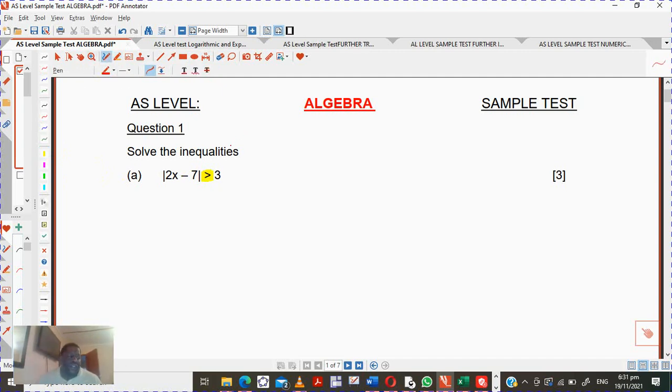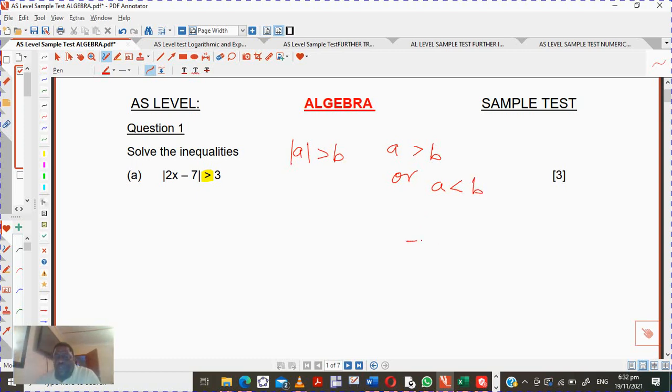Remember that inequalities give you an interval rather than a single value for an answer. For inequalities where the absolute value of A is greater than B, the solutions are A is greater than B, or A is less than negative B.